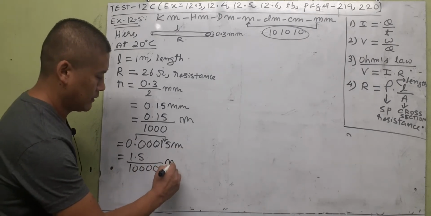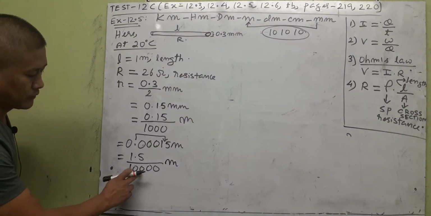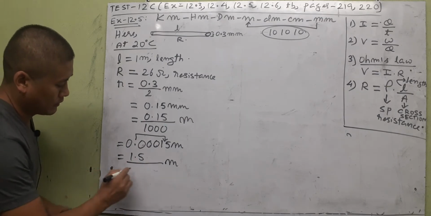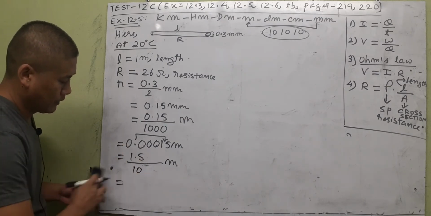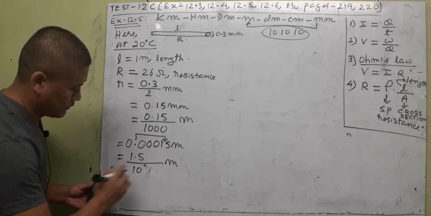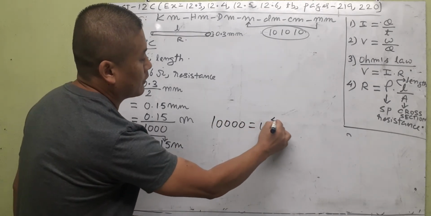So here I'm just expanding it so you understand it well. Now here we know 1, 2, 3, 4 zeros means we can also write 10 to the power 4. You know that. 1, 2, 3, 4 zeros or 10 to the power 4 is the same meaning.